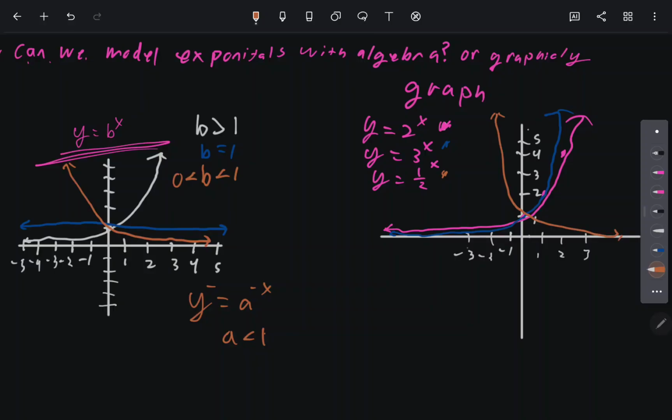Now, why might this be the case, where, let's go back to pink, if b is less than 1 but greater than 0, why does it still reflect the graph over the x-axis?